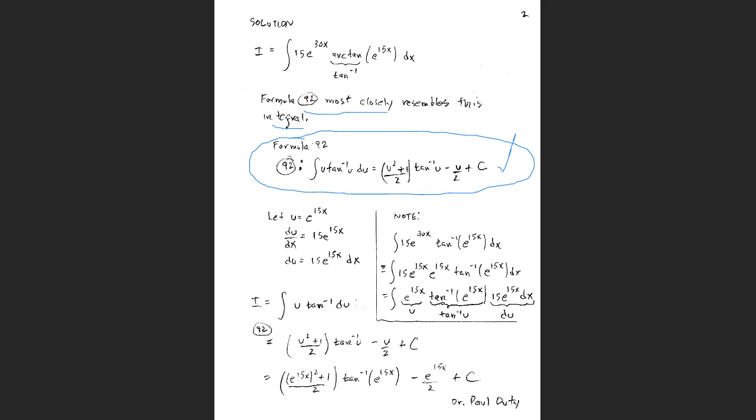Maybe I'll cross out this comment. Let me write Formula 92 down here. And here's the substitution, u equals e to the 15x. That means then that du dx is 15 times e to the 15x. And so du then is 15 times e to the 15x dx.